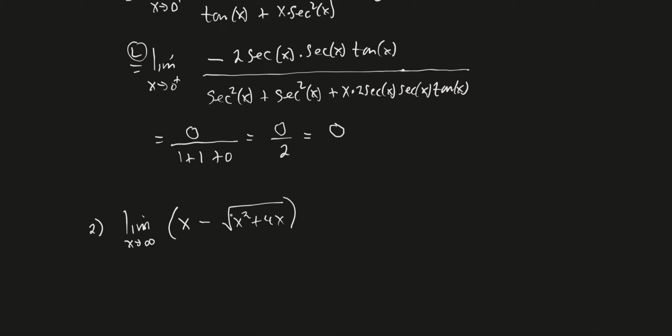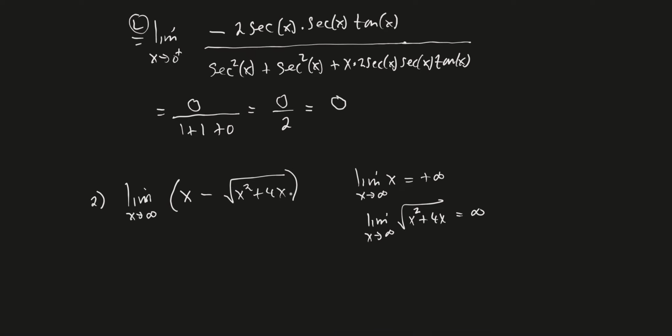If you look at these two functions, yes, the limit as x approaches infinity of x is positive infinity, or just infinity. And then the limit as x approaches infinity of the square root of x squared plus 4x is also infinity. So both of these functions are getting very, very large.